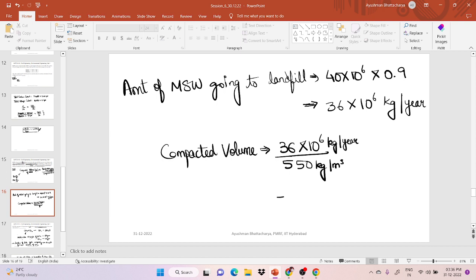Okay, so be very cautious about the units. If you solve this, you will get 65454.54 meter cube per year. So this is the compacted volume.